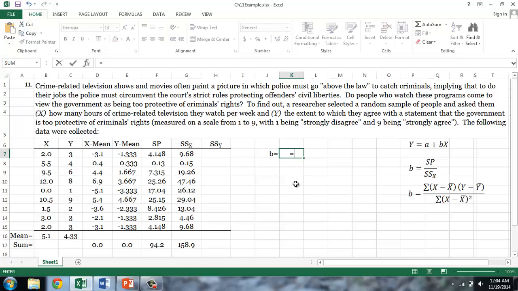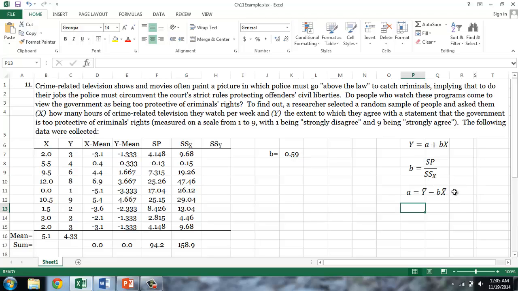So now I can calculate my b. b is equal to the sum of the products divided by the sum of squared x deviations, or 0.59.